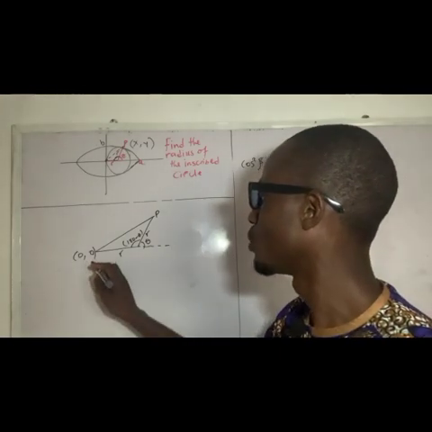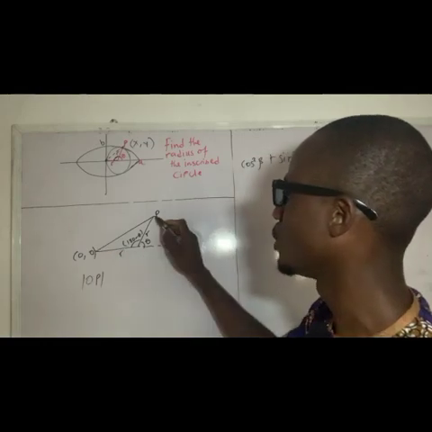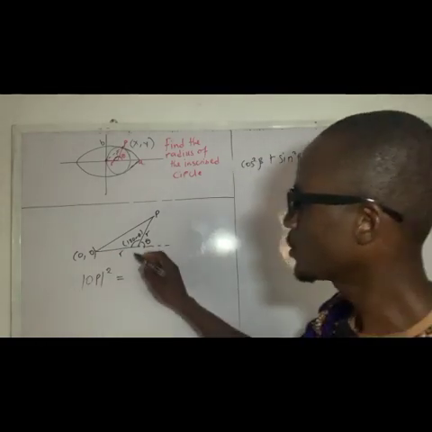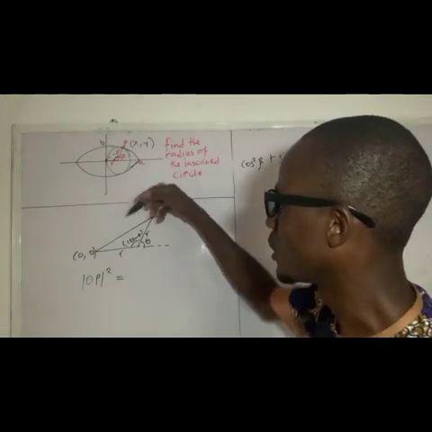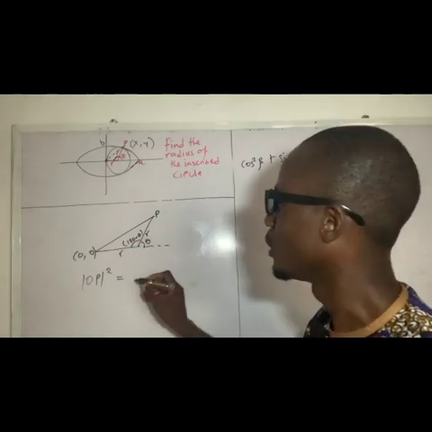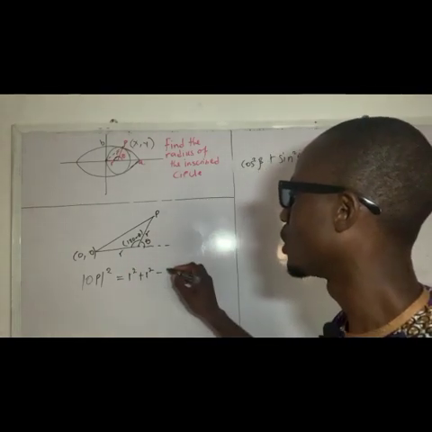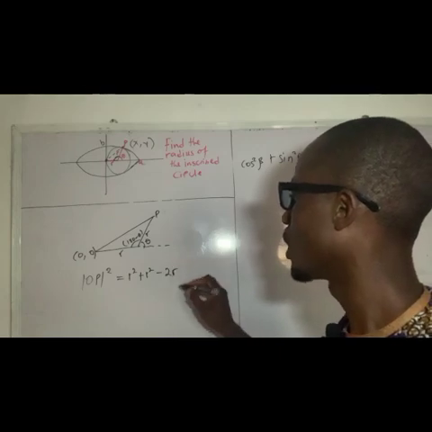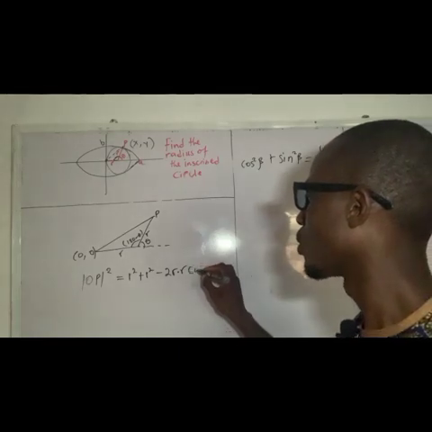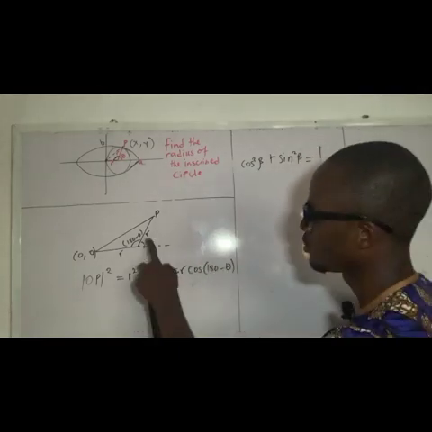So we can say OP squared, as the length from here to here, equals, you now have the angle that is opposite, this is 180 minus theta, then you have r squared plus r squared minus 2r dot r cos of 180 minus theta. So that's the cos value here.